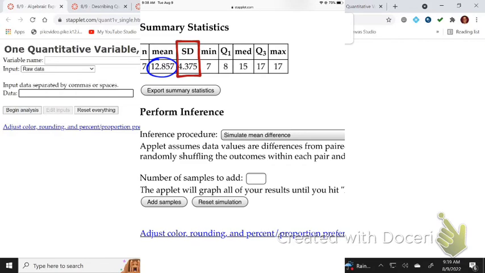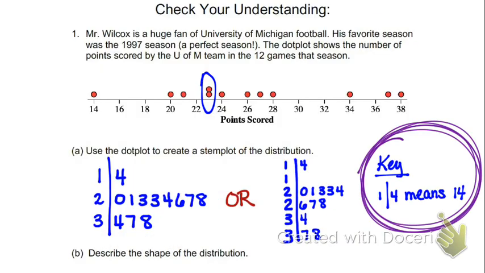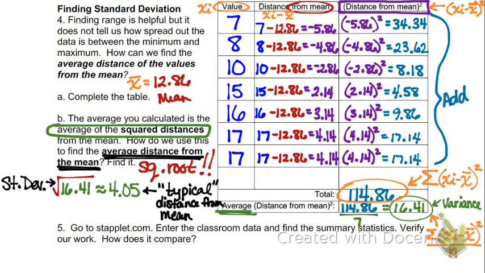That's actually substantially different if I think about it. 4.375. So let's figure out what happened. 4.375 from Staplet.